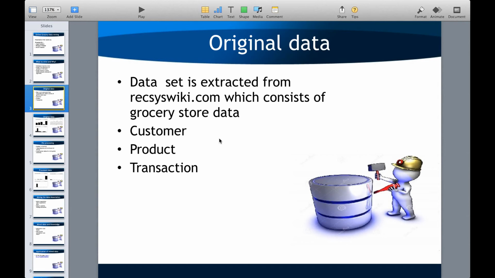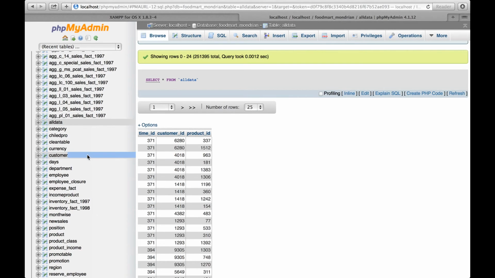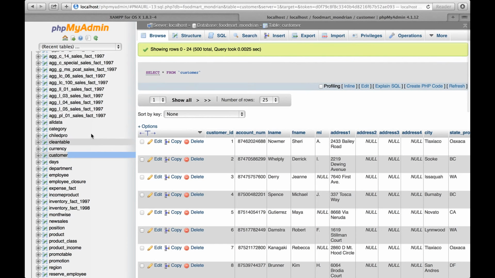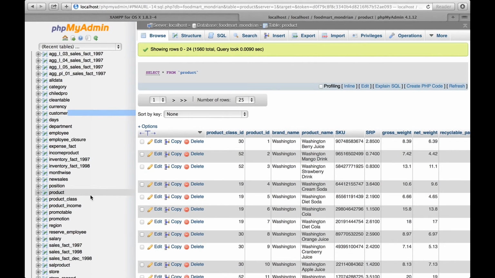From them, we create more tables by applying data mining. Here we are going to show the customer table. As you can see, some of the attributes are customer ID, account number, name, address, and many others. As well, we can find the product table.